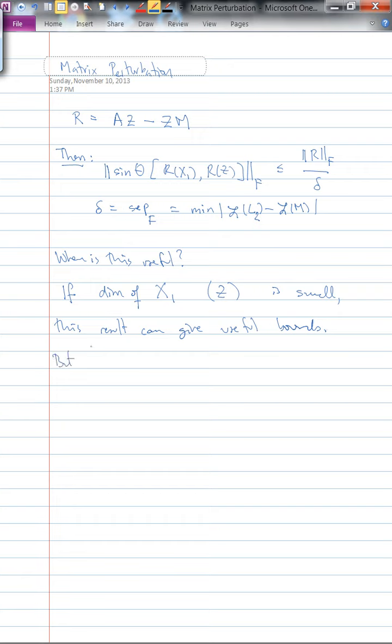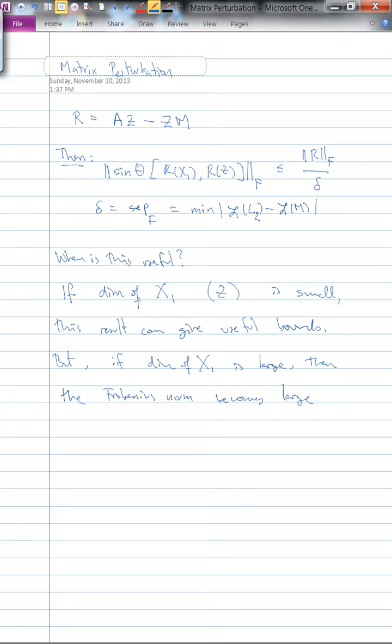But this is a generic statement. If the dimension of x1 is large, then we are getting less refined bounds, because the Frobenius norm becomes large. So we could have a large Frobenius norm even if each individual angle is actually small.